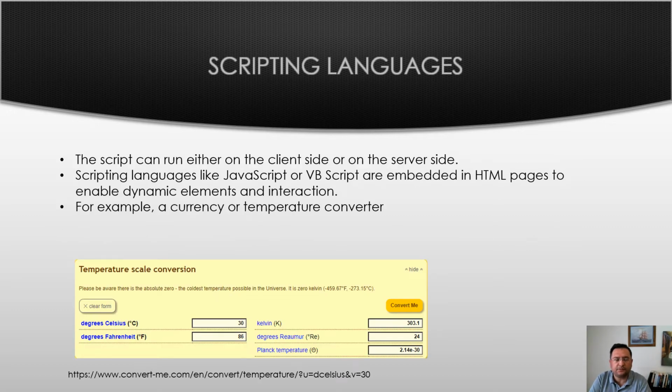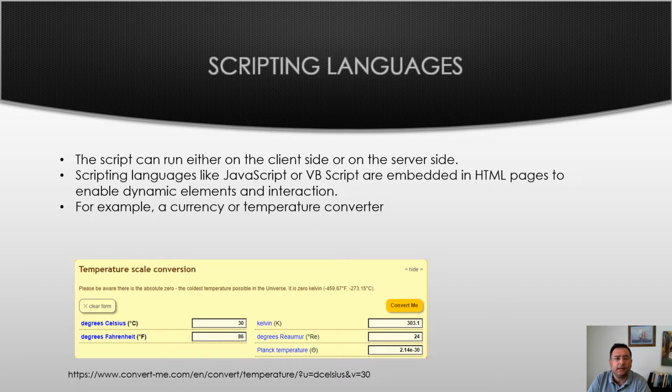The script can run either on the client side or the server side, and scripting languages like JavaScript and VBScript are embedded in HTML pages to enable dynamic elements and interaction. So the HTML page is a static page, but you can make things more dynamic by adding dynamic scripts into HTML files.